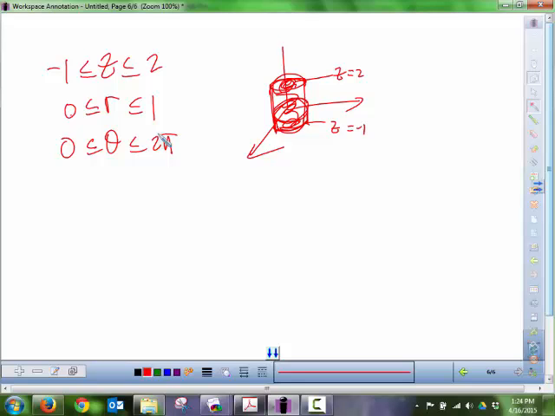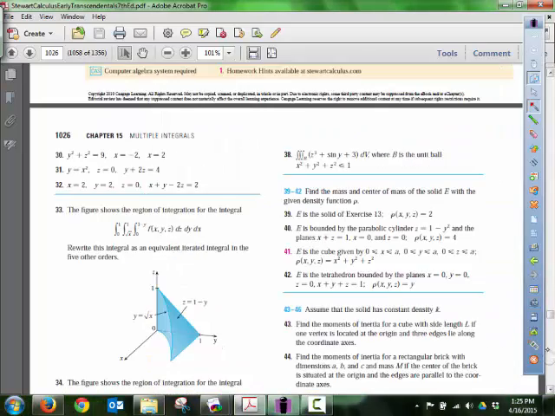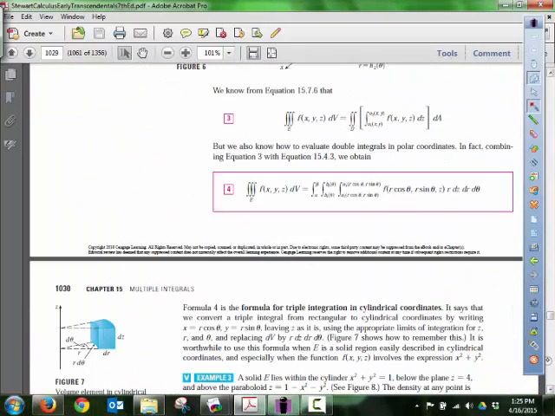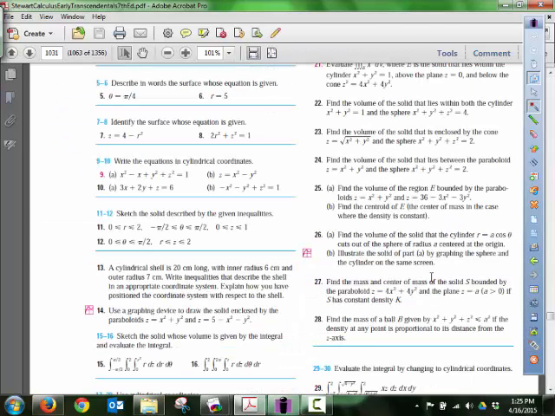All right, let's take a look at some examples from the book. There's volumes between places and things like that.